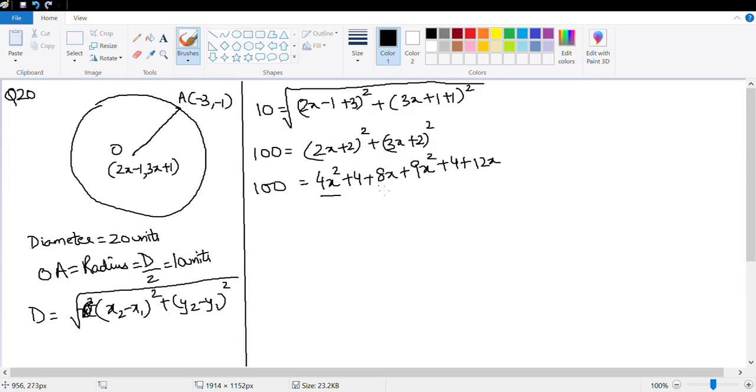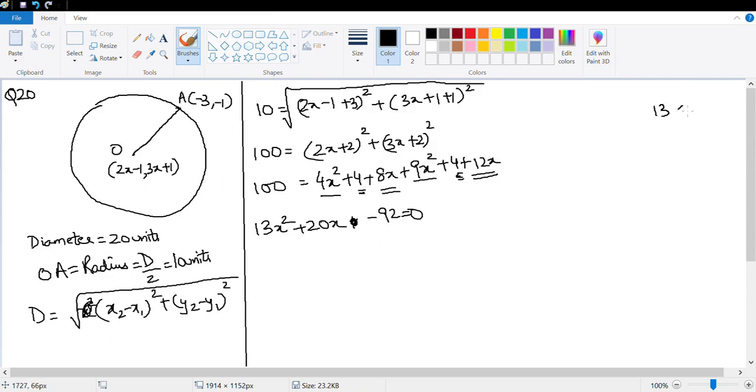So 4x square plus 9x square, that's 13x square, 8x and 12x, that's plus 20x, plus 4 and 4, that's 8, 8 minus 100, that's minus 92. So minus 92 is equal to 0. Any common elements? No. So now I need to find factors of 13 multiplied by negative 92, the sum of which should be plus 20.